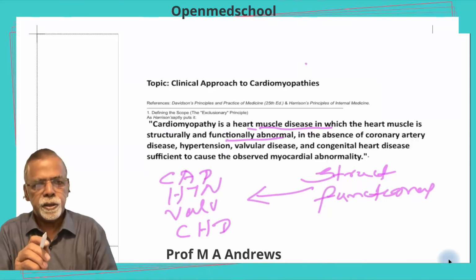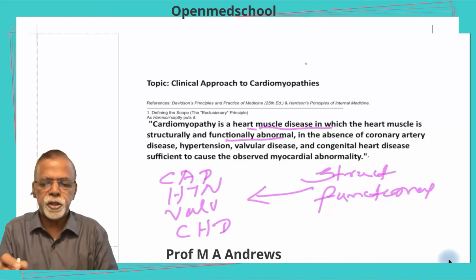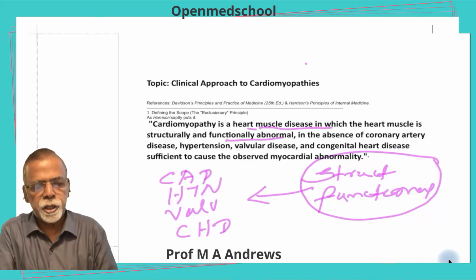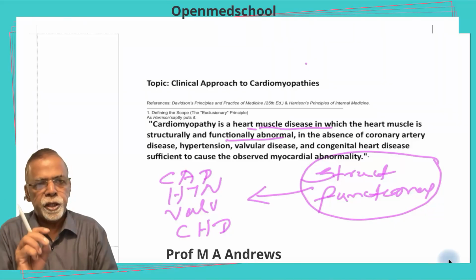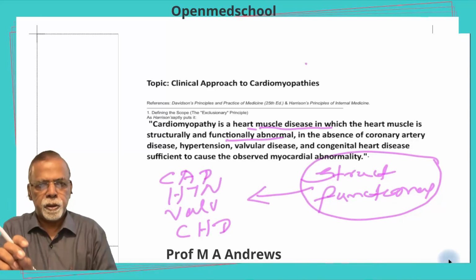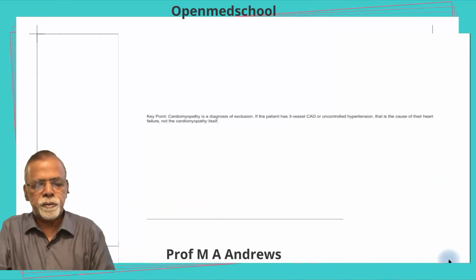So we can say that the definition of cardiomyopathy is a diagnosis of exclusion, a structural and functional abnormality of the heart muscle where it is not due to known cardiac problems like coronary disease, hypertension, valvular disease, and congenital heart disease.